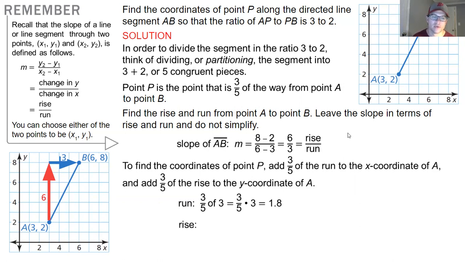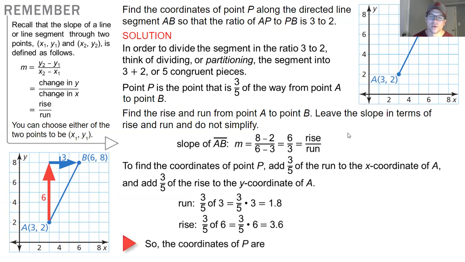Doing the same thing with the rise, 3/5 of 6. Another word for of is multiply, so we're going to just take that fraction multiplied by 6, and we're going to get 3.6.